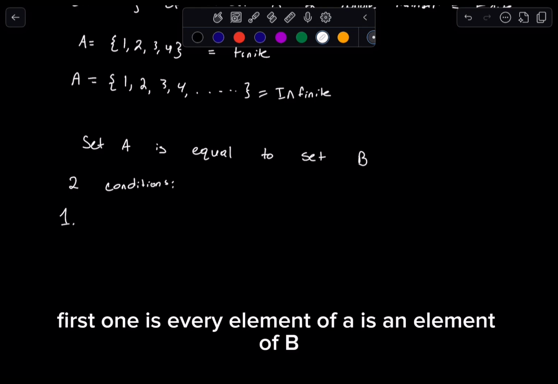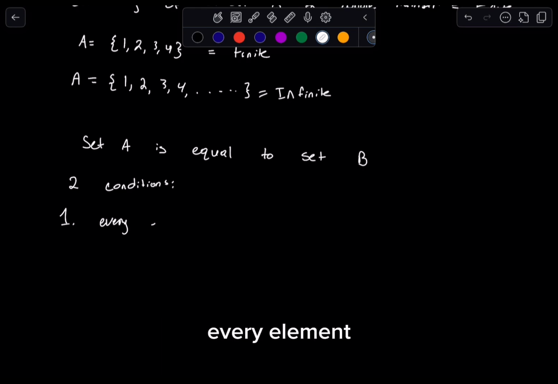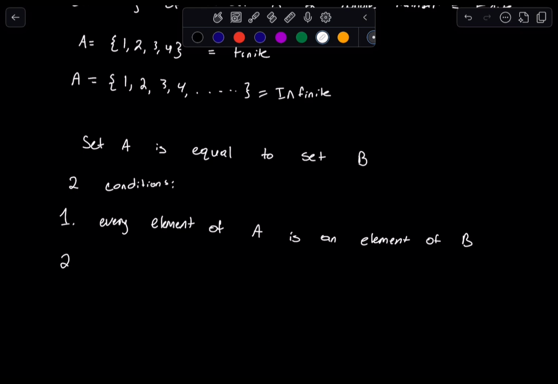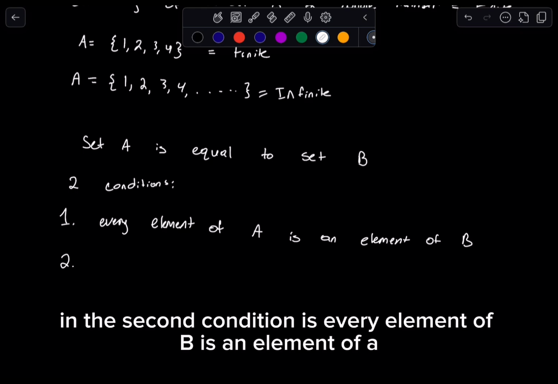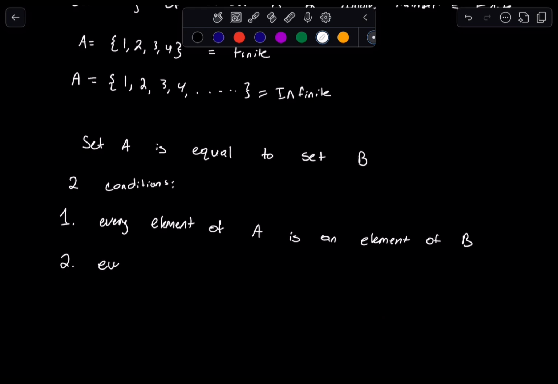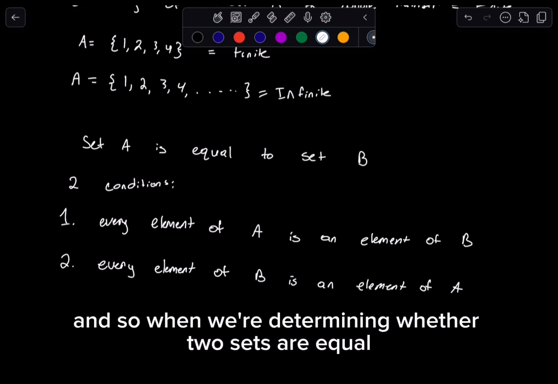First one is every element of A is an element of B. And the second condition is every element of B is an element of A.